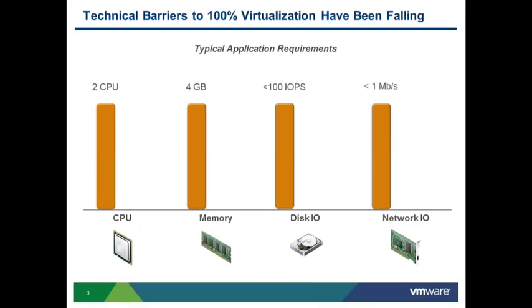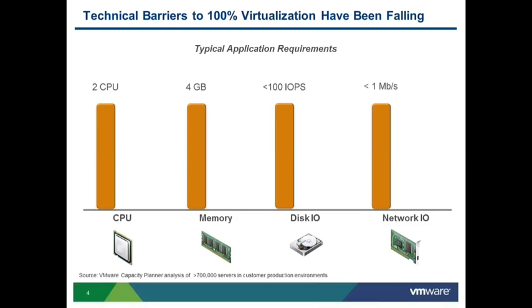If we think about the typical aspect of a virtual machine or a larger application, I guess now or even beforehand, 2 CPUs, 4 gig of memory, a certain requirement for IOPS, and we tend to look at network bandwidth or some sort of requirement for network capability for that particular application.